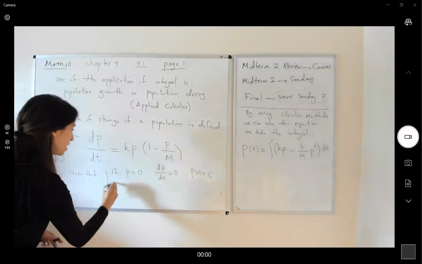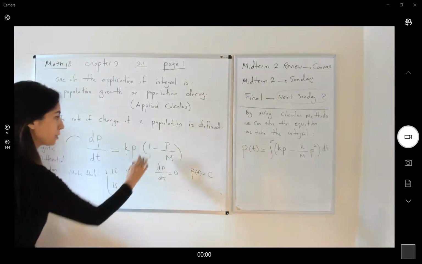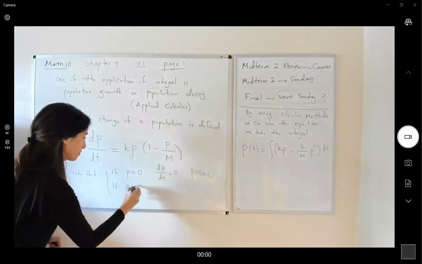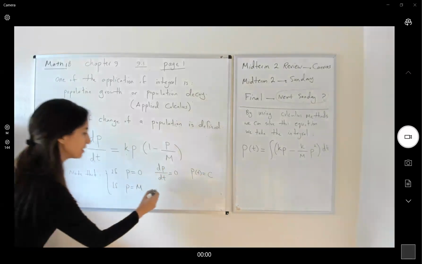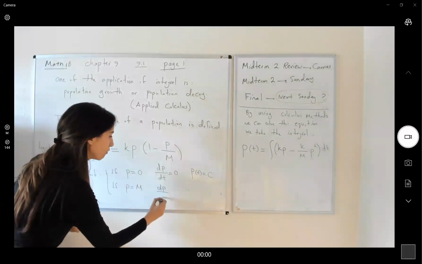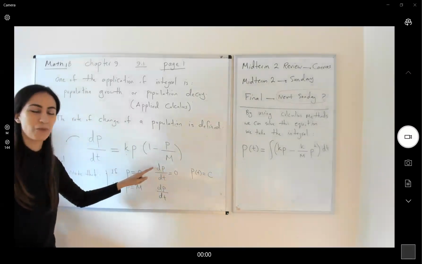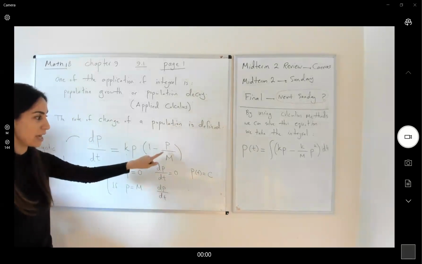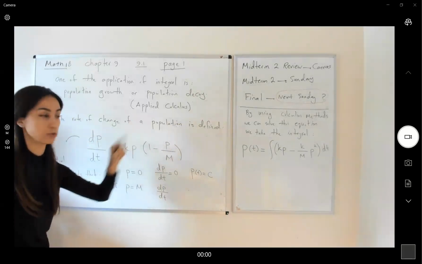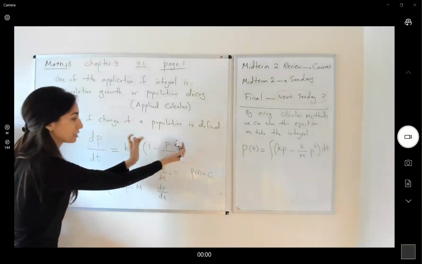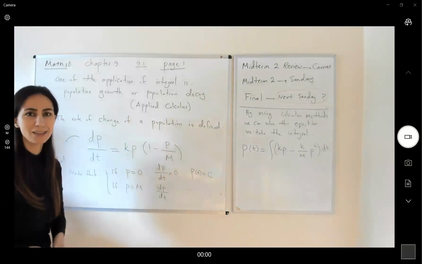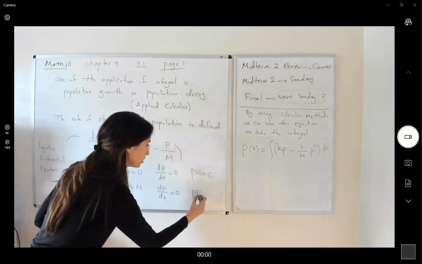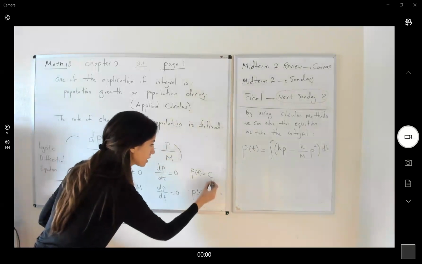Also, if P is equal to your carrying capacity, then again dP over dt, the rate of change of the population with respect to time, has M divided by M equal to 1. 1 minus 1 is 0. 0 times a function is going to be 0. So P(t) is equal to, for example, another constant.